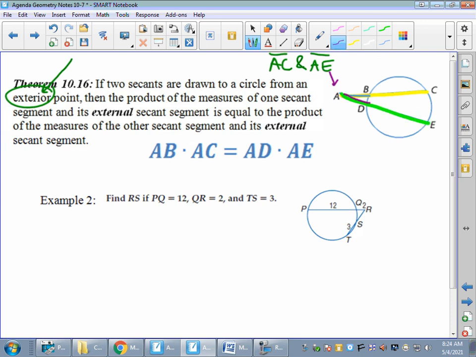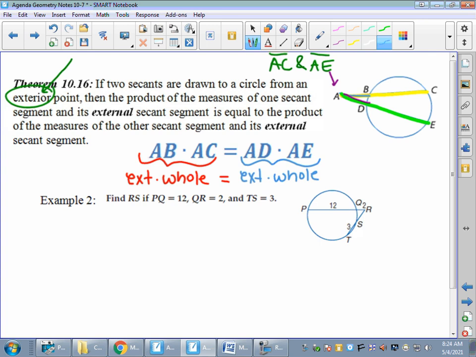So AB times AC equals AD times AE. I prefer to think of it this way: exterior times whole equals exterior times whole. So the outside part of that secant times the whole secant equals, on the other one, the exterior times the whole. So you just deal with one secant at a time.